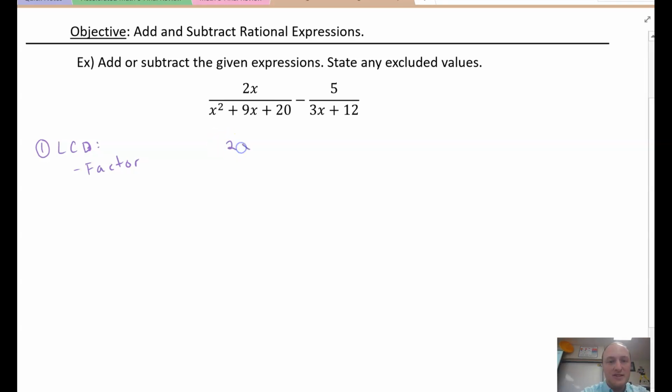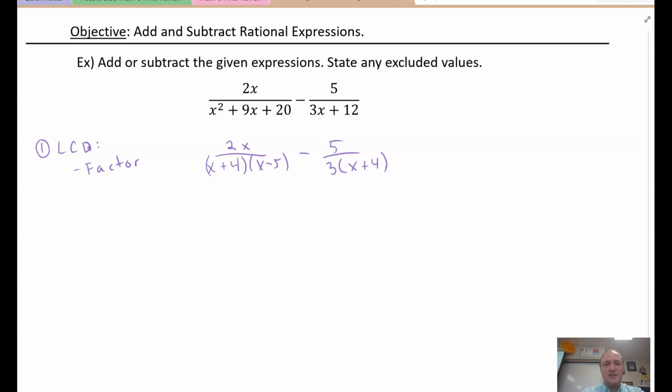I'm going to rewrite this as 2x over x plus 4 times x minus 5, minus 5 over 3 times x plus 4. And yes, you need to take out any GCFs.